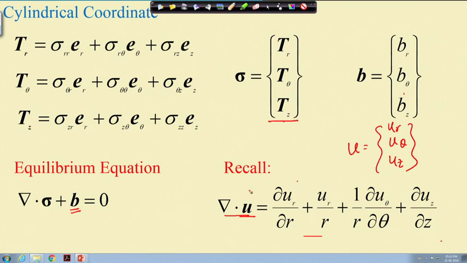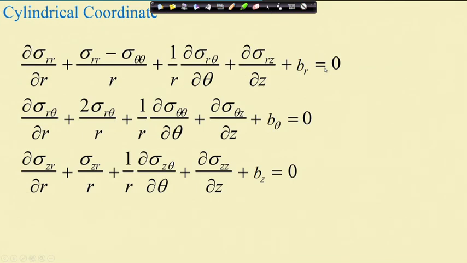Next, we substitute all this, B, del u and this, into this equation. If we substitute that, then we get this equation.